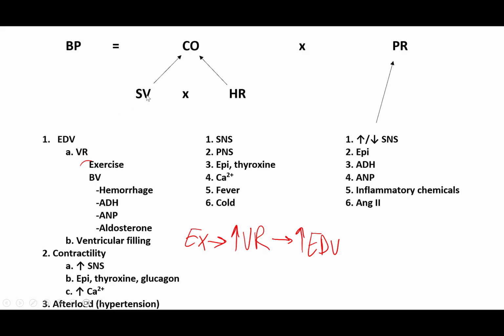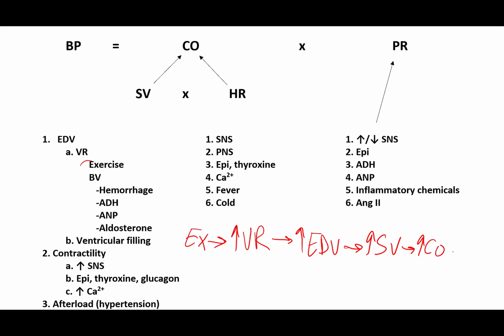But EDV, it's under stroke volume, and we know the relationship is if there is an increase in EDV, there is an increase in stroke volume. And we learned previously that if there is an increase in stroke volume, there is going to be an increase in cardiac output. And what we've just learned is cardiac output and PR are the two things that impact blood pressure.